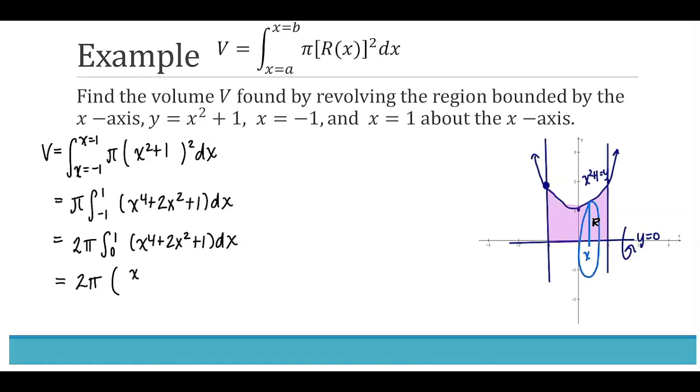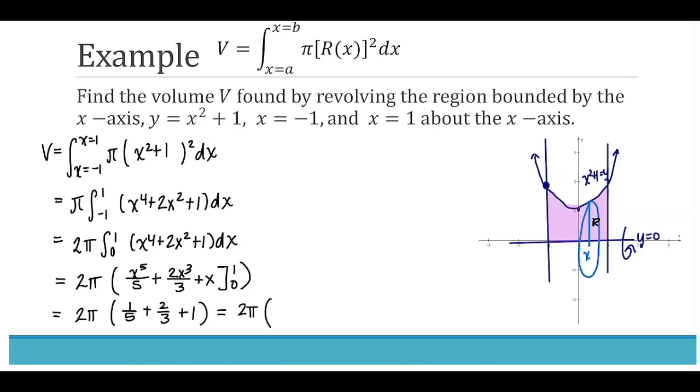The antiderivative is x to the 5th over 5 plus 2x cubed over 3 plus x evaluated from 0 to 1. Well, now I can just think about plugging in 1 because plugging in 0 into the polynomial will just give us 0. So we have 2 pi times 1 over 5 plus 2 over 3 plus 1. And we'll go ahead and simplify this all the way.